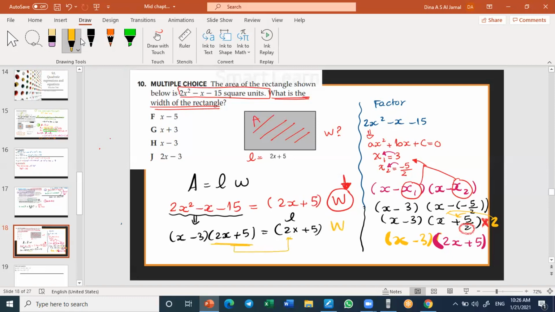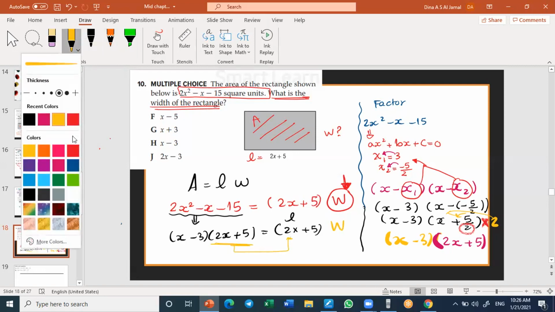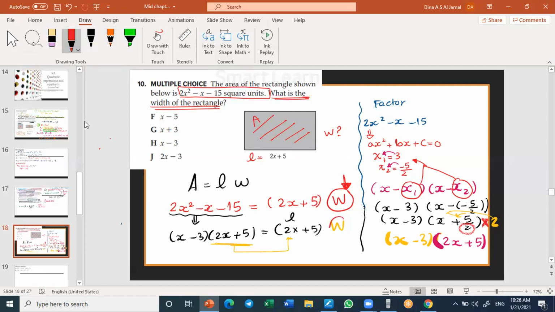Now your width is missing, so you can either divide, so this length will be cancelled, or you can just solve it by comparing. So this is your width, x minus 3. The whole idea is that you need to factor your area. One of the factors will be your width, the other factor will be your length.